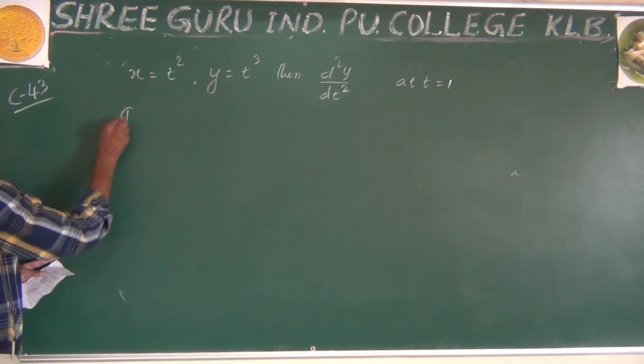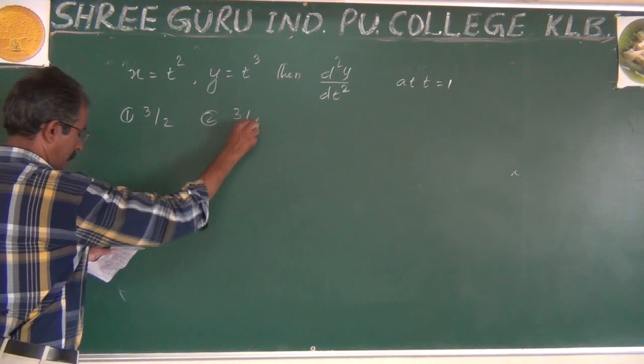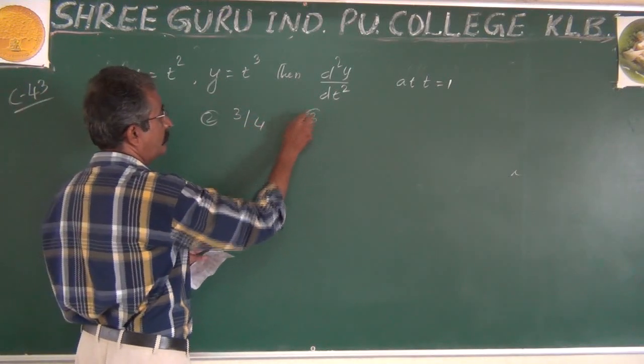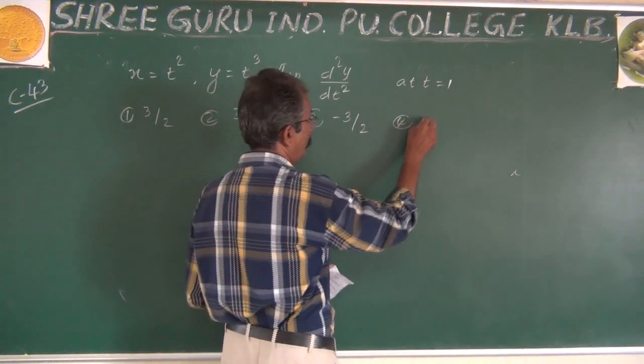First option 3 by 2, second option 3 by 4, third option minus 3 by 2, fourth option none of these.